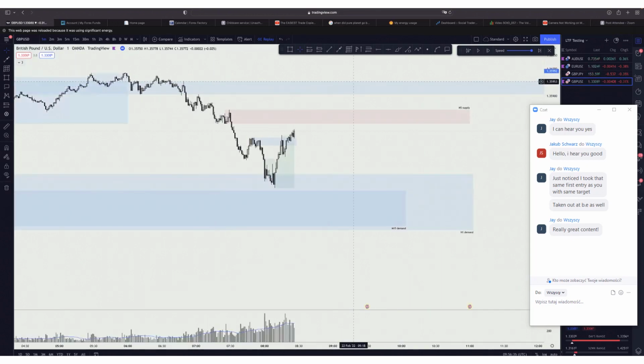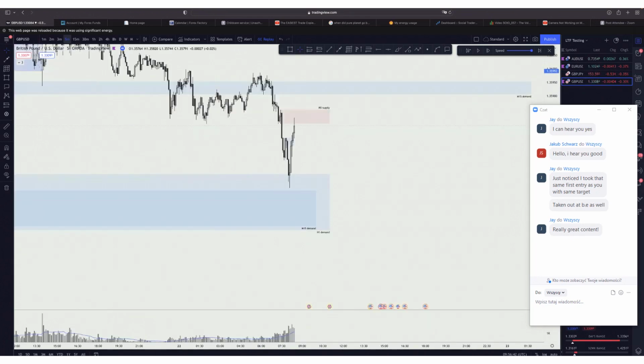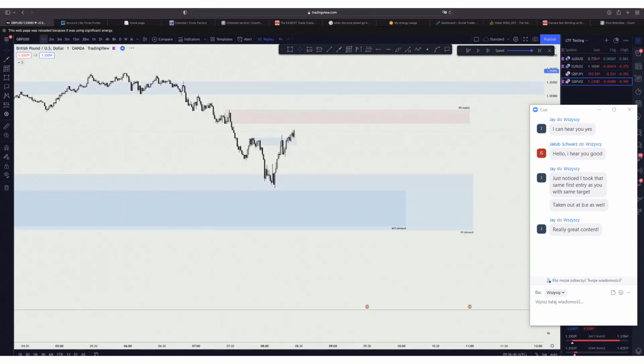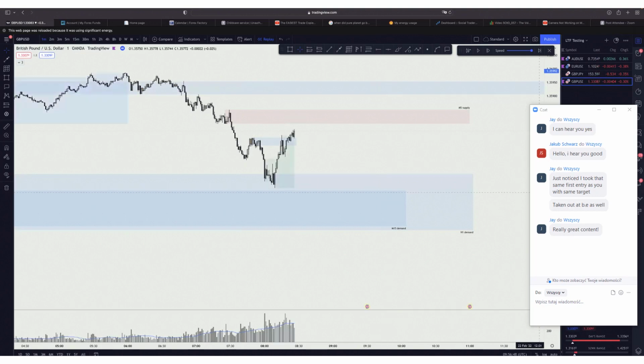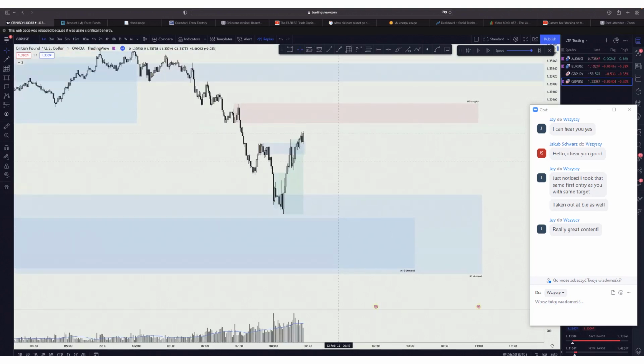Not so big distances between zones. That's strange. It's wicked into the supply on the 5-minute, but it hasn't touched it on the 1-minute. I'm not sure why that is.